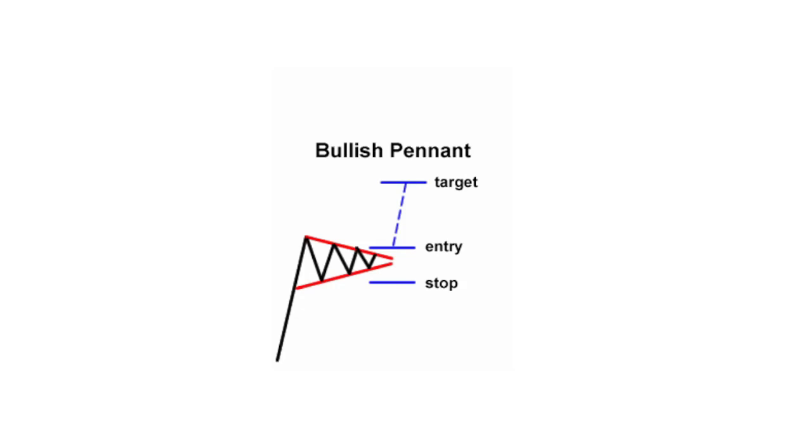So here, the bullish pennant, we see that the price moves upward towards a certain level here, and this creates a flag, and this is always characterized by a symmetrical triangle or a smaller rectangle where you will find these converging lines that form the pennant.